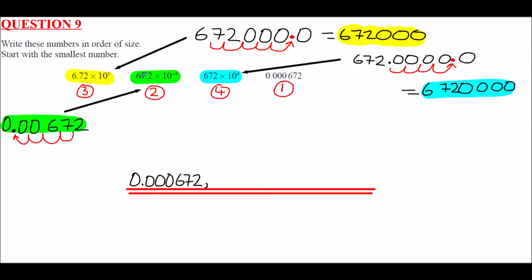The next one is 67.2 times 10 to the minus 4. Third, 6.72 times 10 to the 5. And the biggest, 672 times 10 to the 4. So that's the numbers written in the correct order.